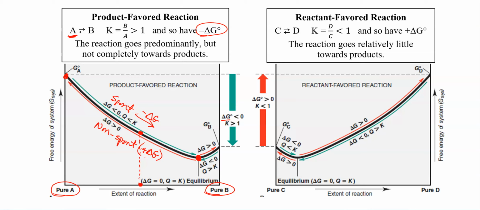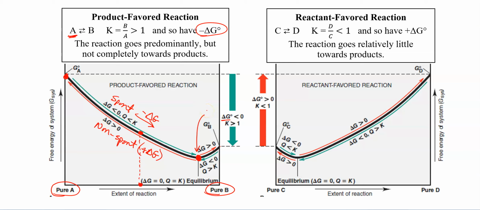So delta G naught is less than 0, it's negative, and your K at equilibrium has more products compared to reactants. That ratio is greater than 1, so K is greater than 1.